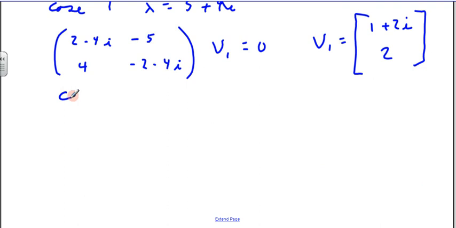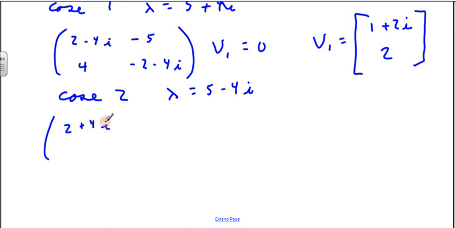Okay, case 2. Lambda is equal to 5 minus 4i. So I've got 2 plus 4i minus 5, and I have 4, minus 2 plus 4i, times v2 is supposed to be 0.